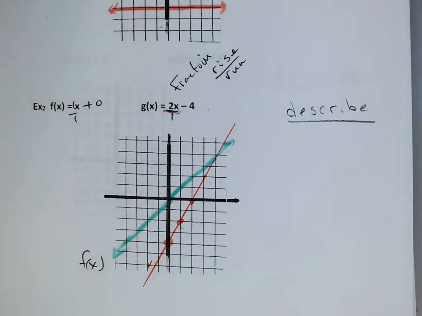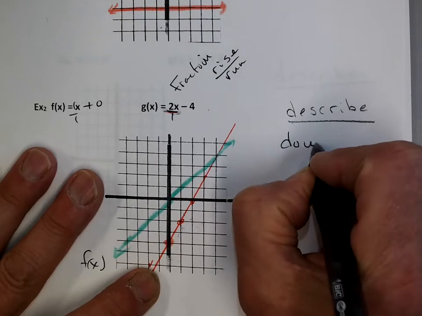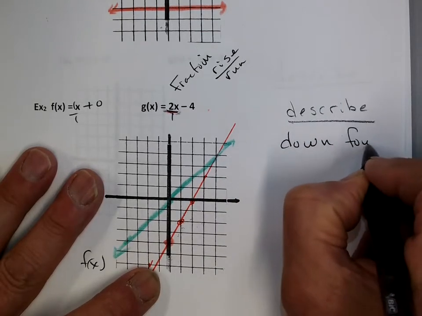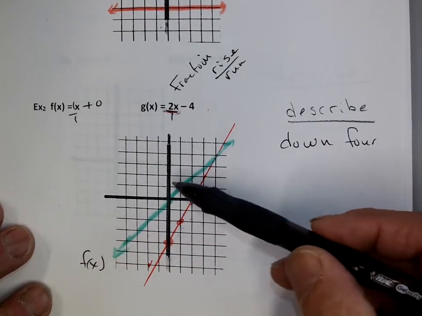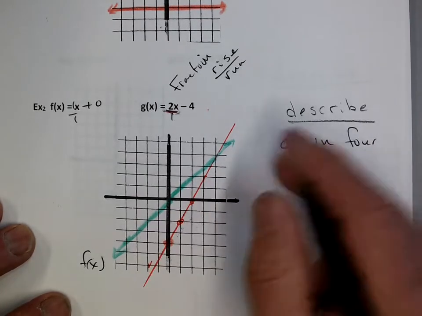So describe, okay, so in words, and words are okay for right now until we get used to the formulas. In words, what do? We went down 4, didn't we? We took the blue graph and we went down 1, 2, 3, 4, right? And we also made it twice as tall.